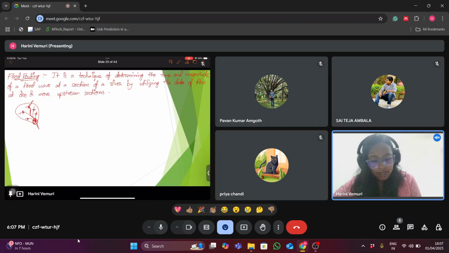Okay, so why are we doing this? We are doing this because it helps us in understanding the dynamics of water movement and its impact on infrastructure. Suppose a flood is going to happen, and we have data that there is a maximum water level recorded here, so we can route it and estimate the flood level at this point also.